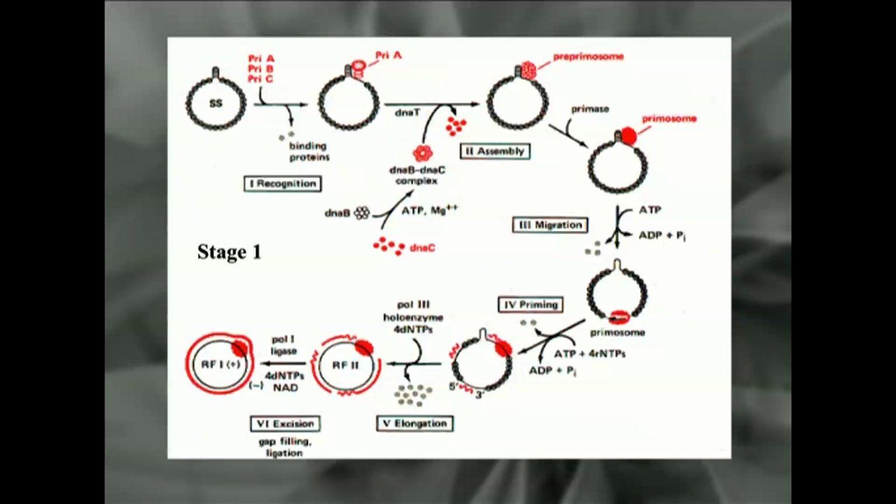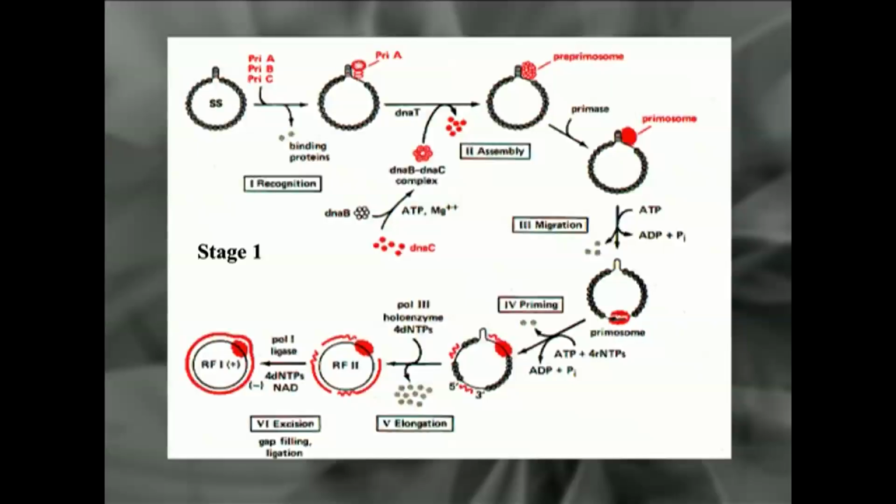Now, this pre-primosome is formed on the ØX174 genome. PriA binds to a single-stranded portion of the genome and it acquires an ATP molecule. Now, the primase enzyme of E. coli binds to the pre-primosome complex and completes the primosome complex.